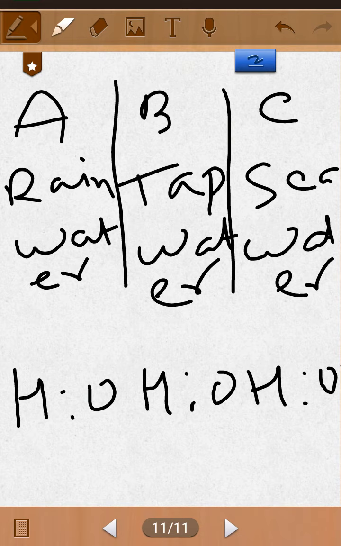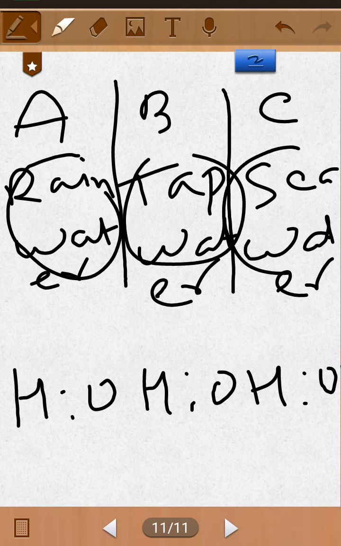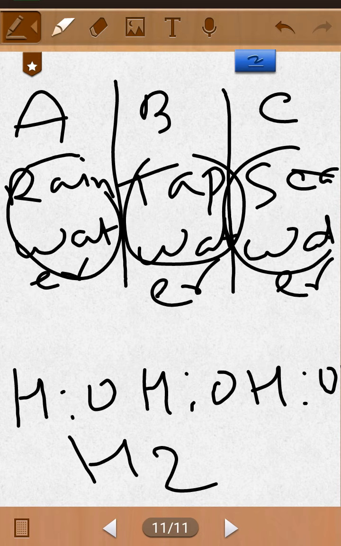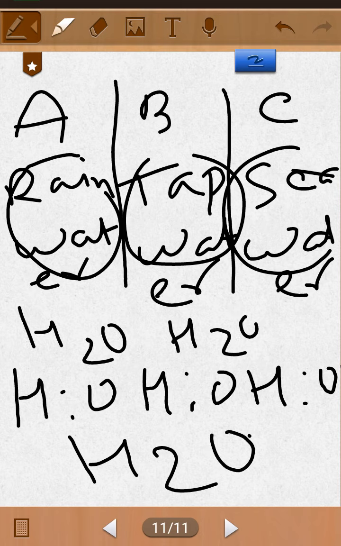All are water from different sources: rainwater, tap water, or sea water. No matter from which source it has been obtained, it contains the same elements, that is H2O, in the same fixed proportion by mass.